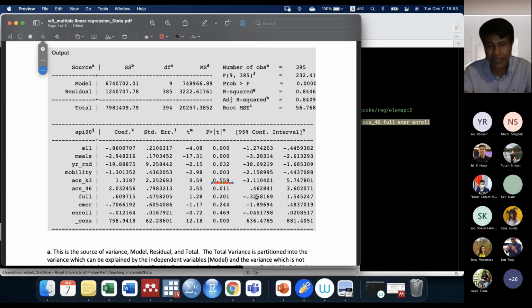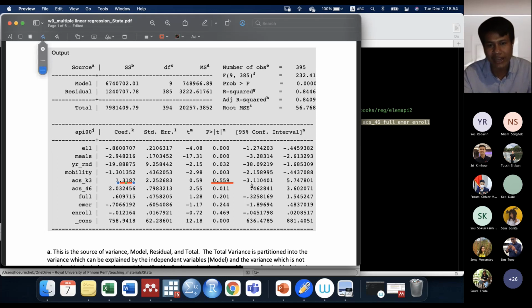Our null hypothesis is that delta equals 0, but here there is about a 60% chance that delta might equal 0, right? So we fail to reject the null hypothesis. Then you don't have to interpret this coefficient.